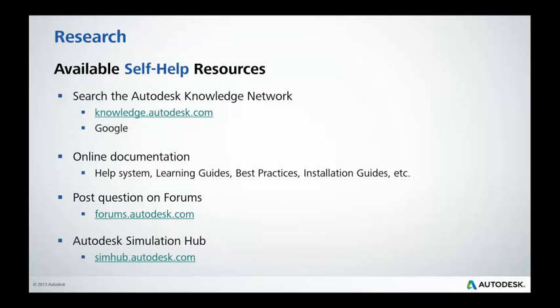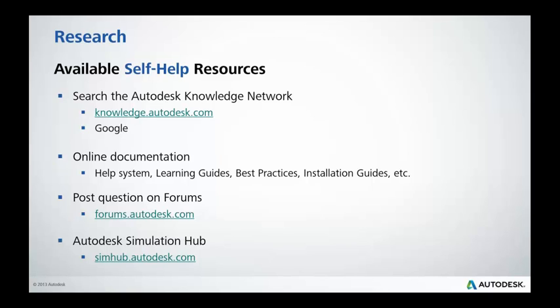So as you may know, many engineers don't actually like to reach out for help initially. We like to solve our issues on our own first. So for this, we offer various online self-help resources, which are listed below. New to Autodesk is a platform that we call the Autodesk Knowledge Network, or you might hear us call it AKN.